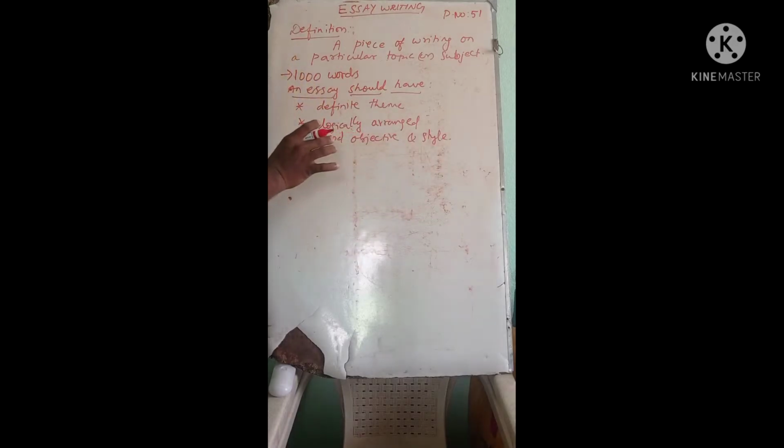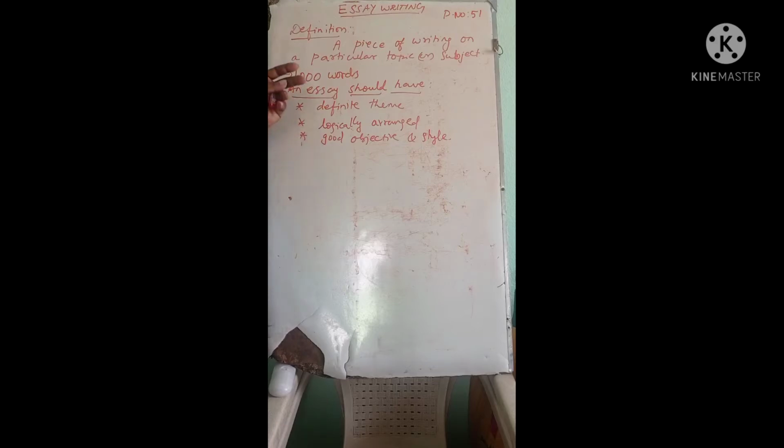These are the outline sketch of an essay. So if you are supposed to prepare or write an essay, you should concentrate on these 3 points. First, a definite theme. You should select a topic, and that topic should be based on some purpose.